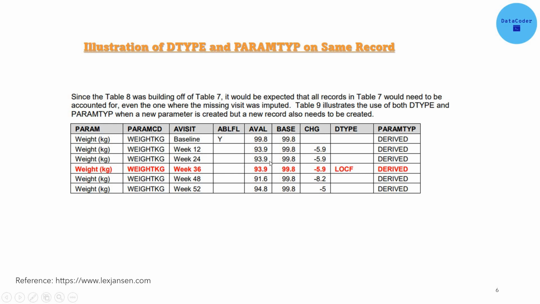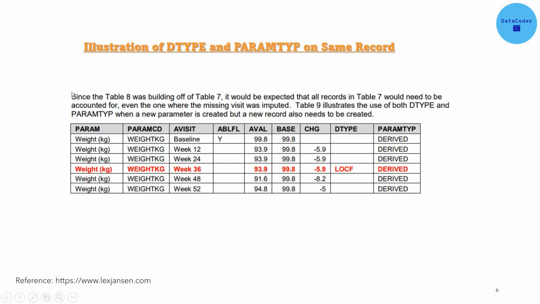So the last observation, week 24, that is 93.9, again 93.9, the last observation value of AVAL, has been imputed for the missing value of week 36, and the method is LOCF here, as well as a new parameter has been derived, weight in kg. So the PARAMTYPE is also mentioned as DERIVED.